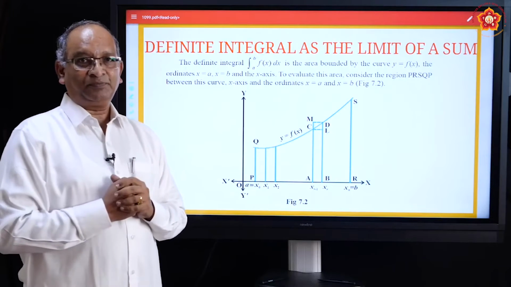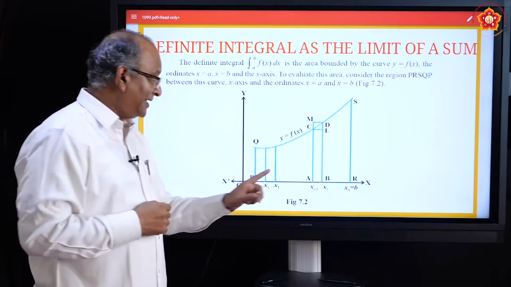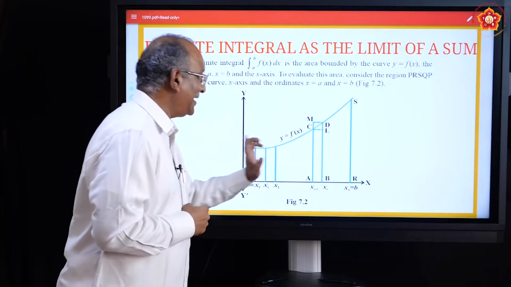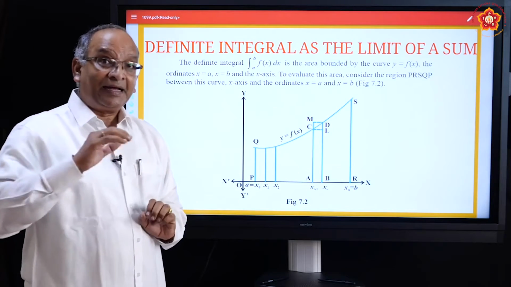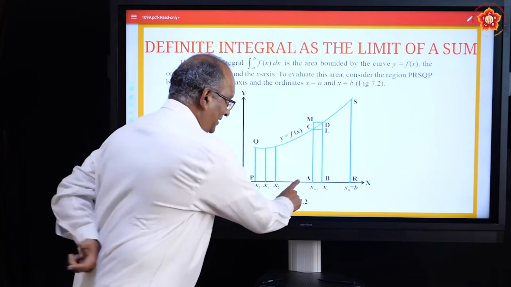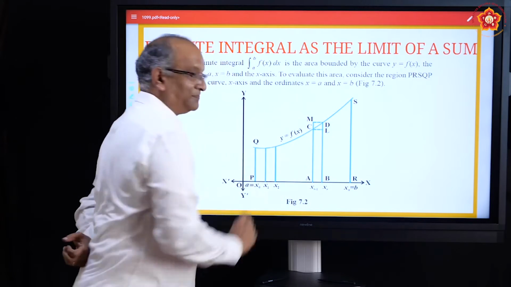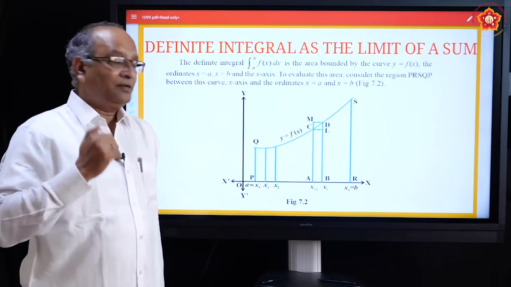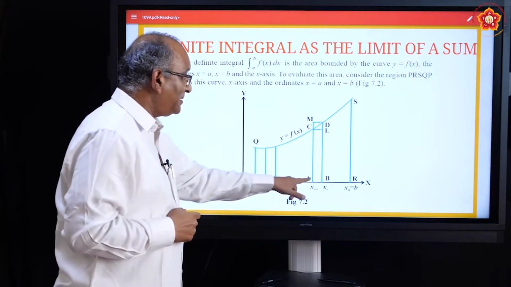You can say that the area of the strip A, B, D, C, A is greater than what? This rectangle. Which rectangle? A, B, L, C, a little lower. And it is smaller than the bigger rectangle.